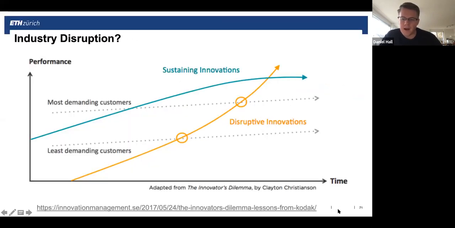So I'll end with this slide, which is not very high resolution, sorry for that, but this is the kind of innovator's dilemma from Clayton Christensen, which talks about how disruptive innovations happen. And I just like to say, is this the beginning of some industry disruption with these different business models and different customer segments?